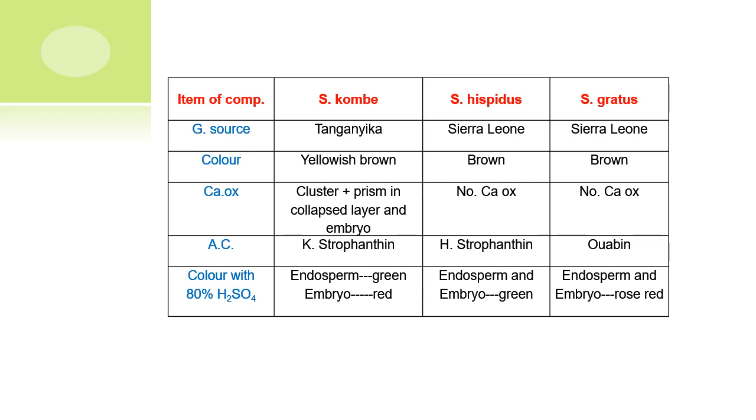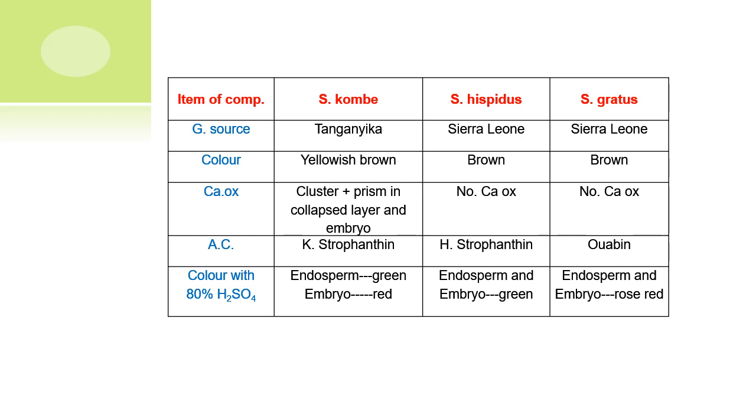The calcium oxalate in Strophanthus kombe exists as clusters and prisms in the hyaline layer and embryo, while Strophanthus hispidus and gratus are devoid of calcium oxalate. The active constituent: K-strophanthin in Strophanthus kombe, H-strophanthin in Strophanthus hispidus, and ouabain in Strophanthus gratus.